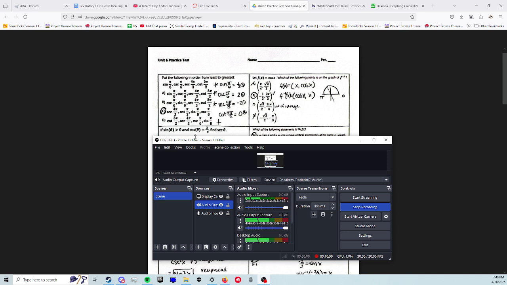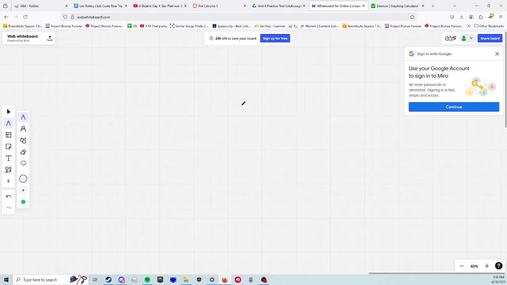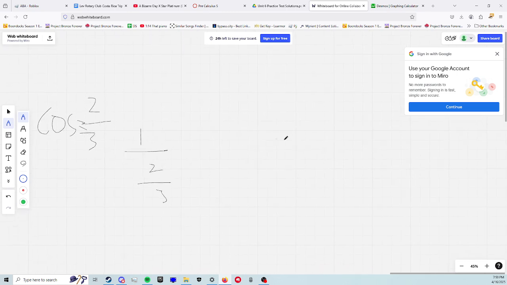If we look at our reciprocal identities, secant is 1 over cosine, or cosine flipped. I can write that out if you're a visual learner. Cosine is 2 over 3, and you flip it, it turns into 3 over 2. That will be the answer.